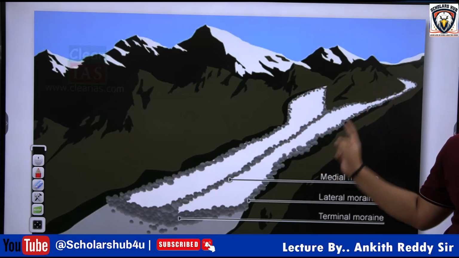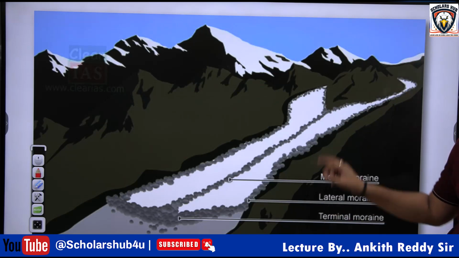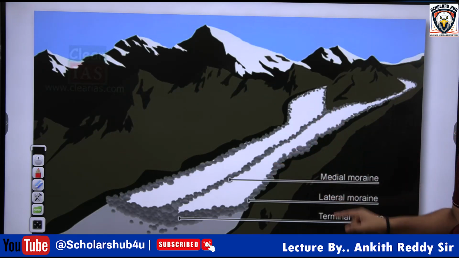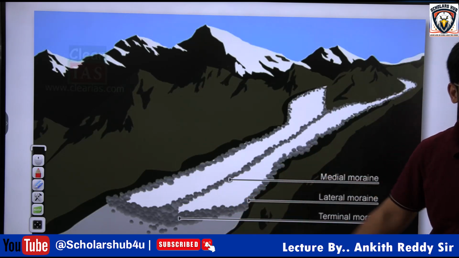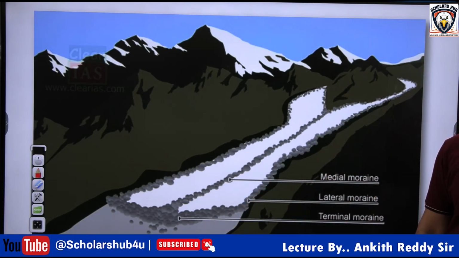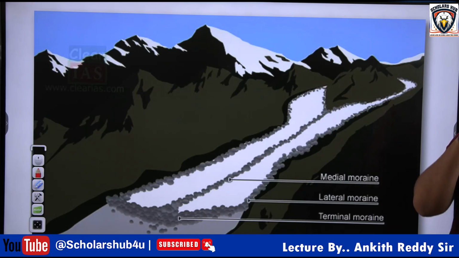If it deposits on the sides, it is called lateral moraines. If it deposits in the center part, it is called medial moraine. The end is terminal, right? End is terminal, we say. So when you travel in the Hyderabad metro and reach the last stop, LB Nagar, it says the train terminates here, end point, right?